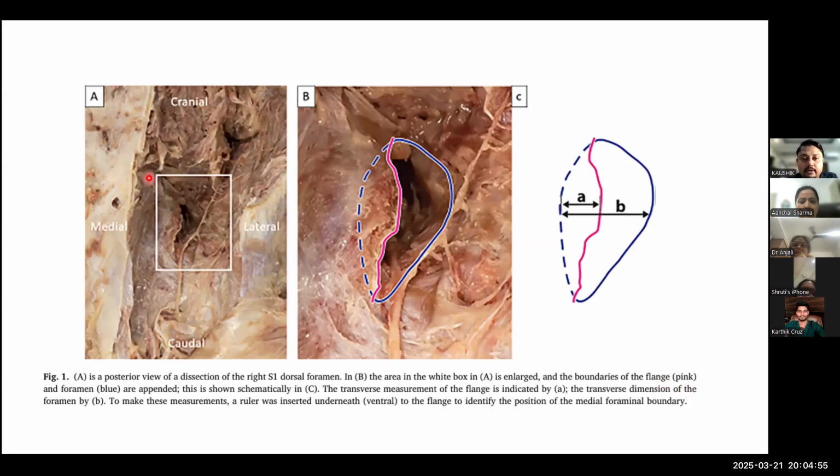Inside the white box, we can see the area where the S1 dorsal foramen lies, and this has been magnified in image B. And they have outlined the margins of the S1 foramen in blue and the flange in pink color. Hence, the transverse measurement of the foramen would be B, and the transverse measurement of the flange would be A, as depicted in this picture.